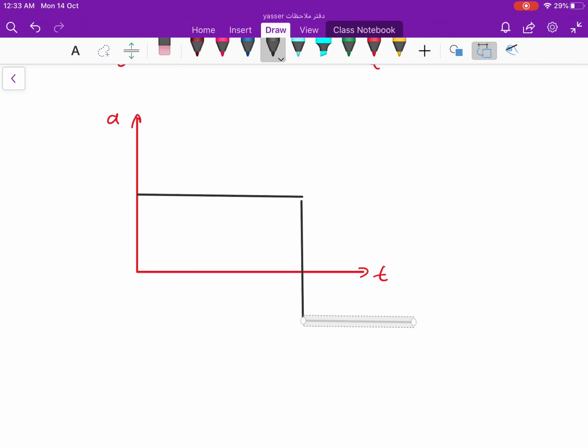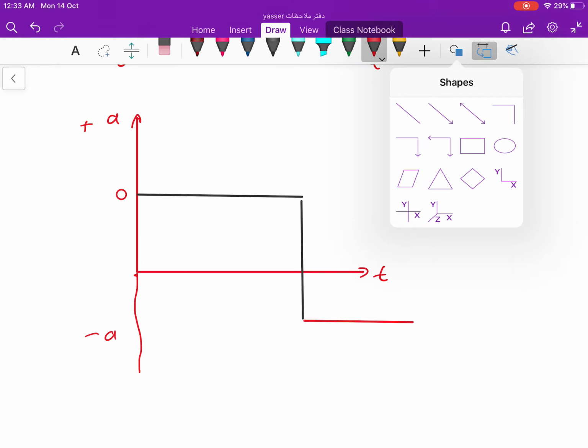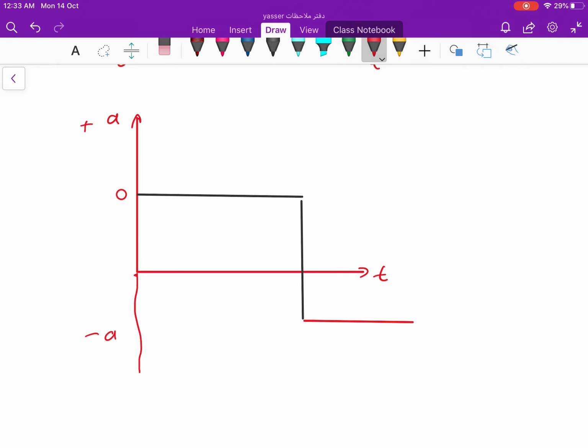So we have positive acceleration and negative acceleration at this point. Here is the origin, here is point A, and here is point B.